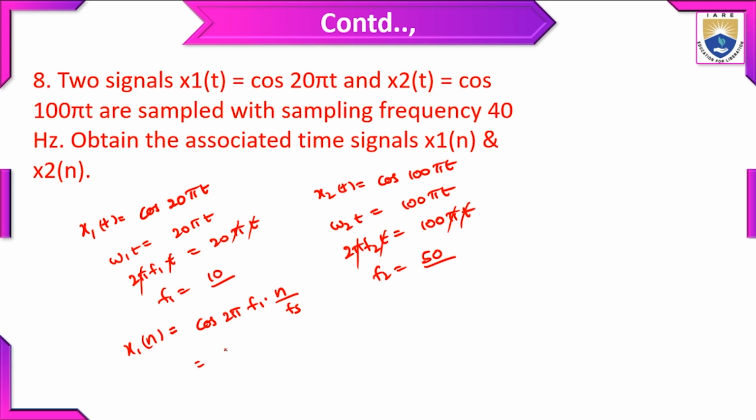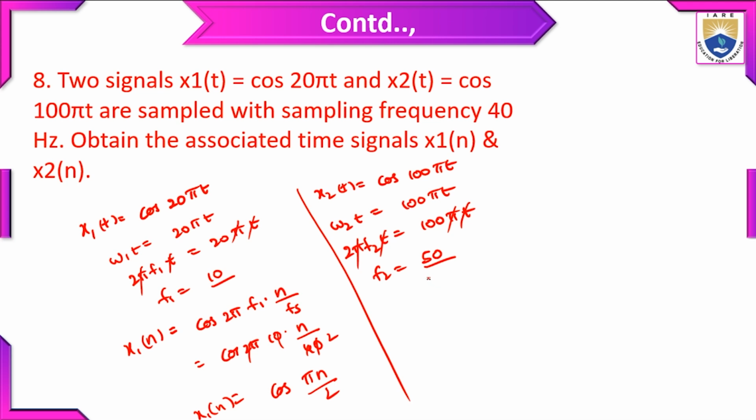So cos 2 pi into 10 into n divided by fs, which is given as 40. These two also cancel. Cos pi n by 2. So this is my x1 of n.